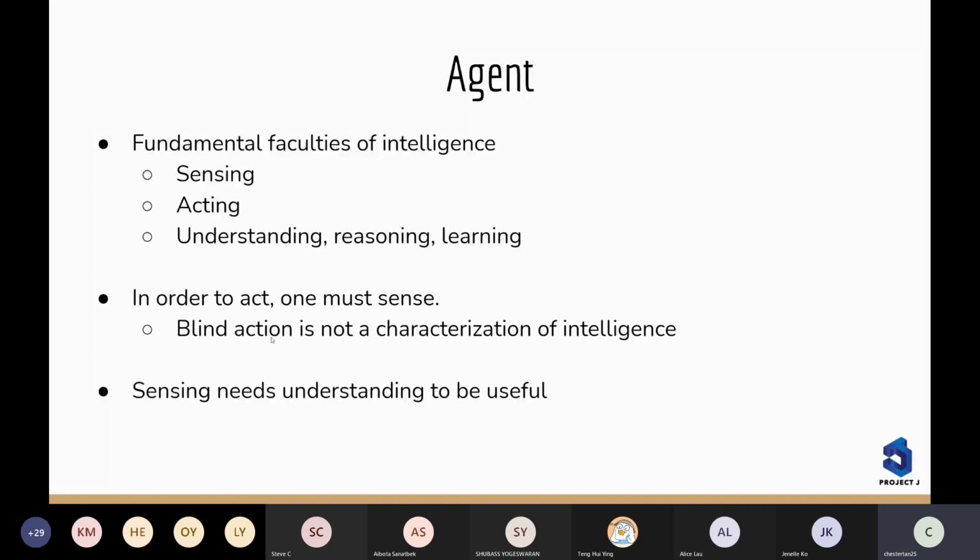Because doing something blindly is not intelligent. Even if you get a lot of percepts from the environment, if you don't understand what they actually mean, it's useless. You need to understand what the percept is doing to make use of it and carry out the action. So this is what an agent should have.